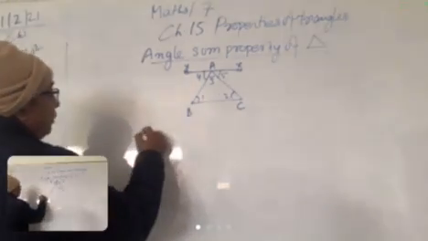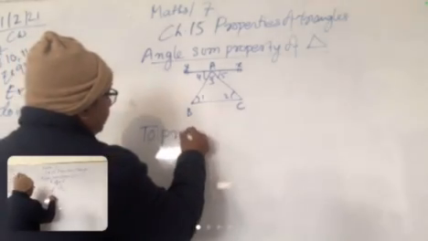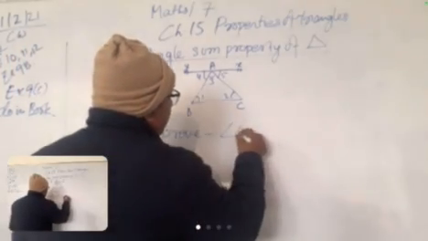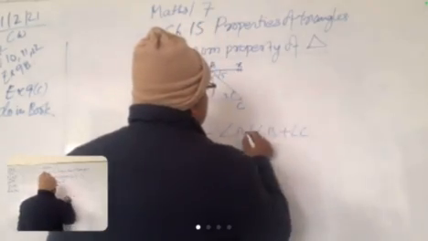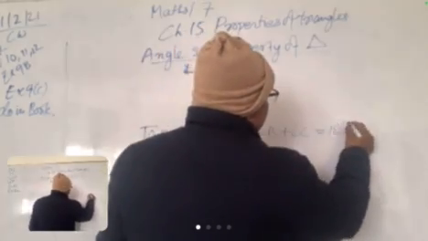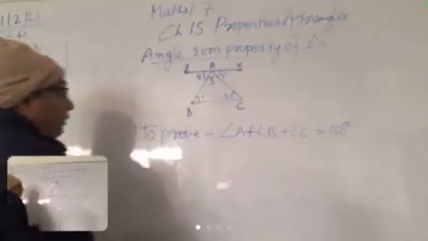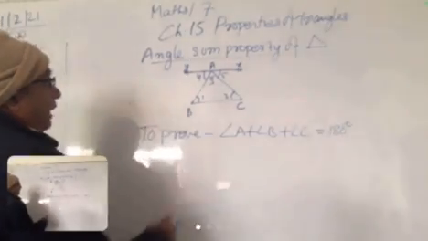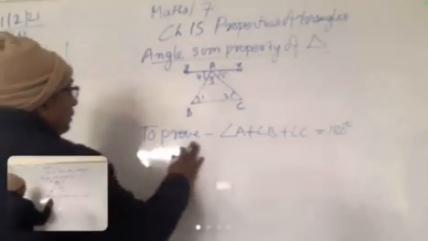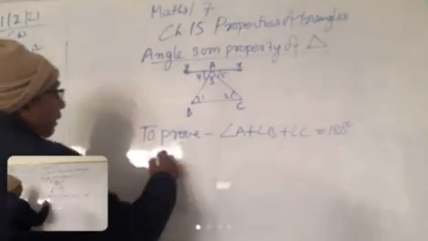Now, to prove angle A plus angle B plus angle C is equal to 180 degree. Now we are proving that the angle sum property of a triangle is 180 degree. Okay, clear? Now proof.